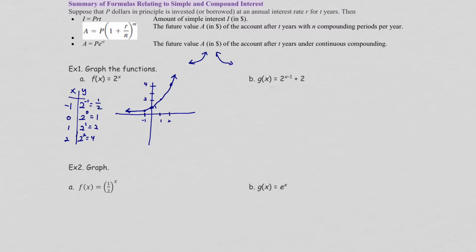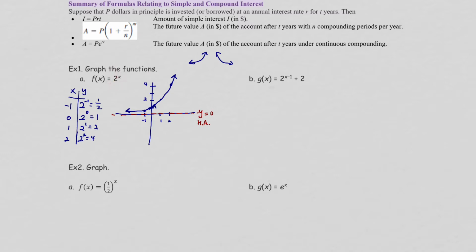On top of that, once you understand the basic information, like passing through 0 and 1 for the y-intercept, and you have the horizontal asymptote y equals 0, right? This is the horizontal asymptote. If you have some of this information and understand a little bit about exponentials, you should be able to graph this second function by transformations.